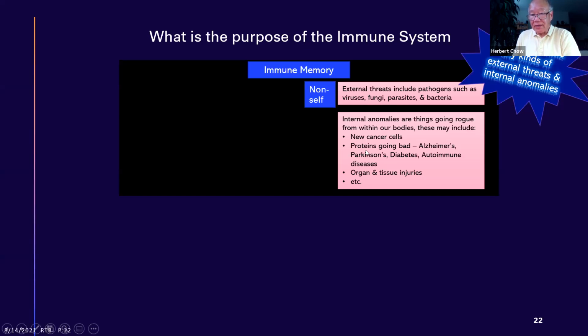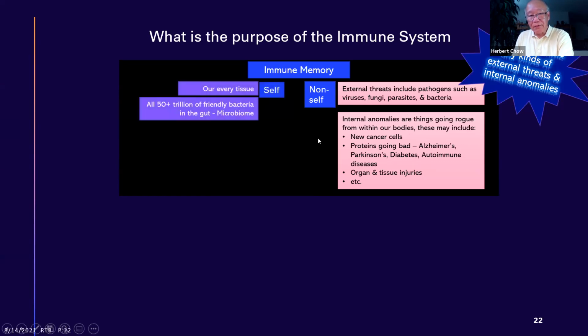Also cells with proteins gone bad, such as in Alzheimer's and Parkinson's. Our body can recognize them and get rid of them, because all of these things are internal threats that we define as non-self. How do we know that something is self and non-self? Because from day one, our immune system is already starting to work for years to educate our lymphocytes about every single tissue and every single molecule that you have in your body.